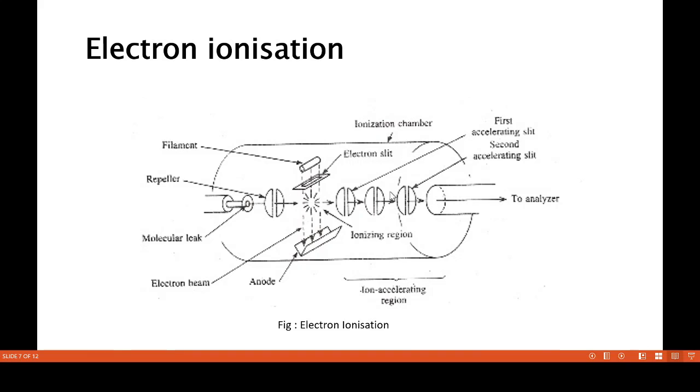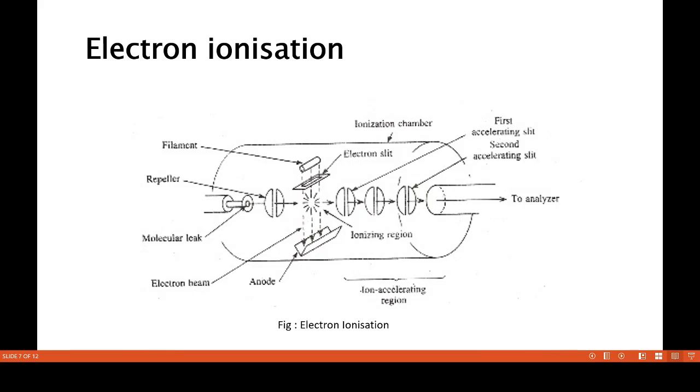So all the positive ions coming from the ionizing chamber are accelerated toward the second accelerating slit. All these ions are then transferred into the mass analyzer. So this is the construction and working of electron ionization.